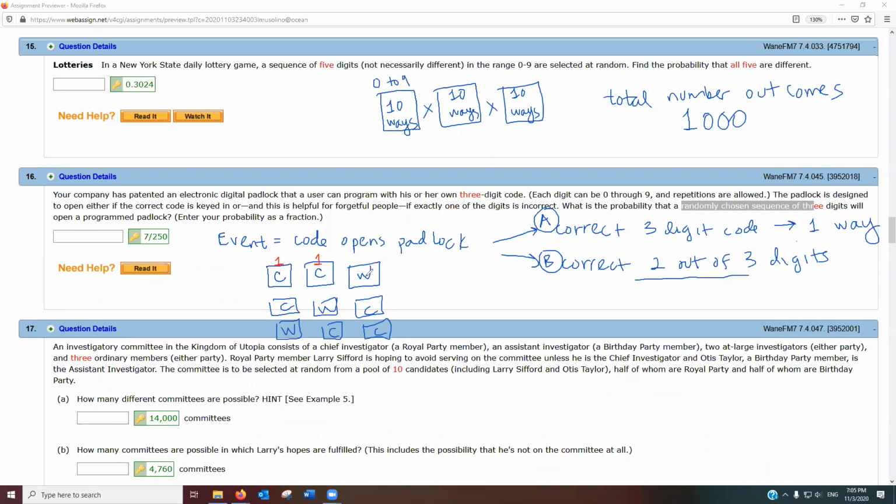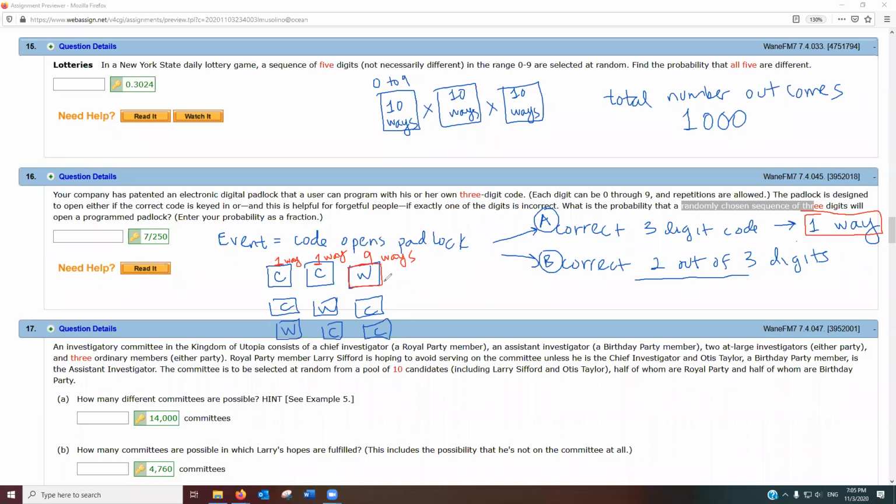Well, I'm going to make this one way here just to make it clear that what I'm talking about here is one way. It turns out there's 9 ways to fill in this wrong digit. The reason there's not 10 ways is that the 10th way would include the correct digit. But I've already counted the correct digit in this first event.